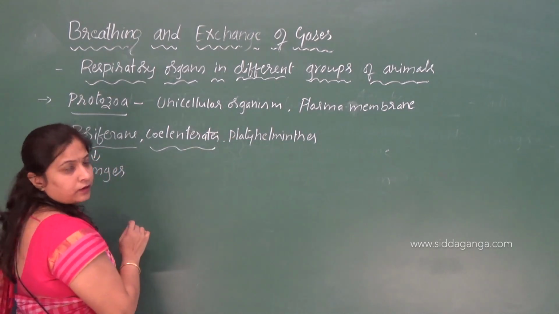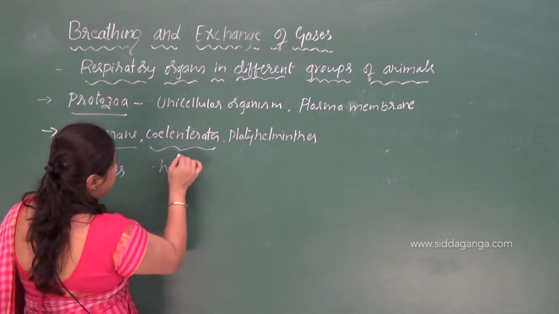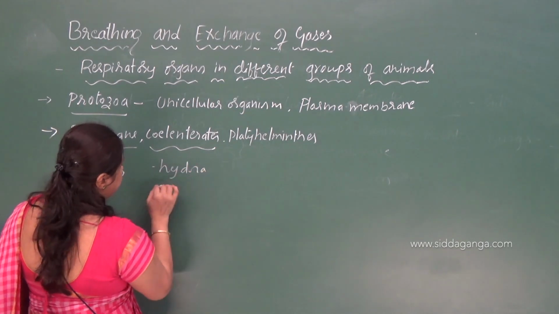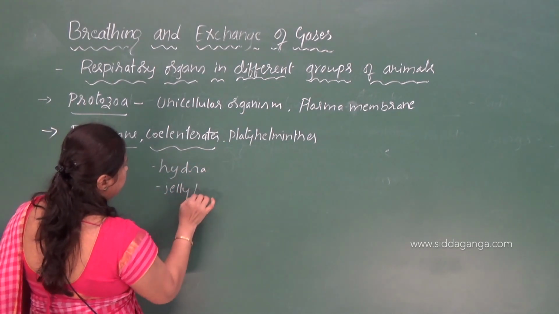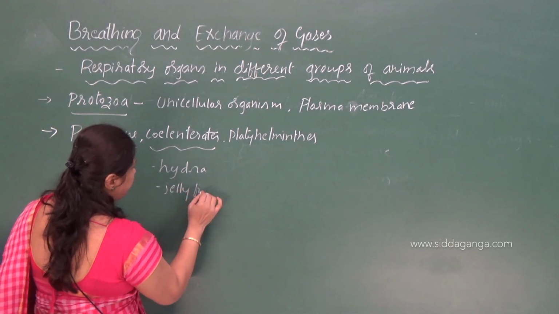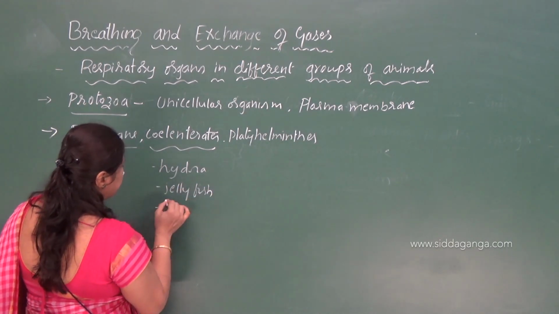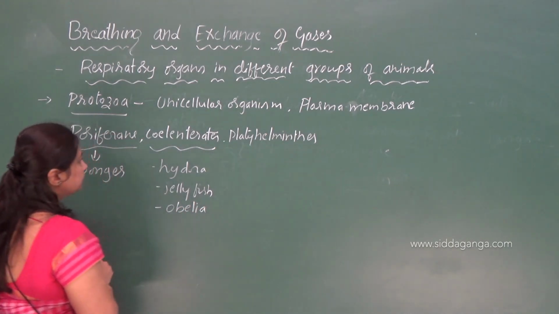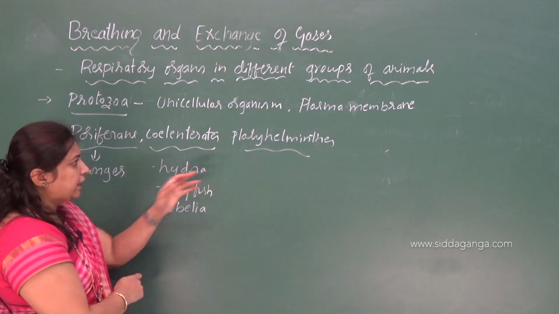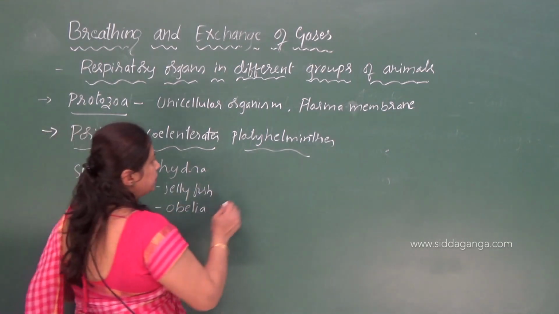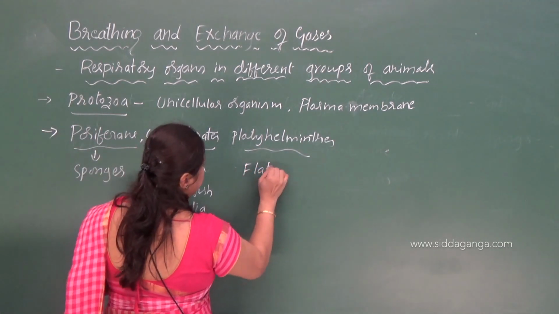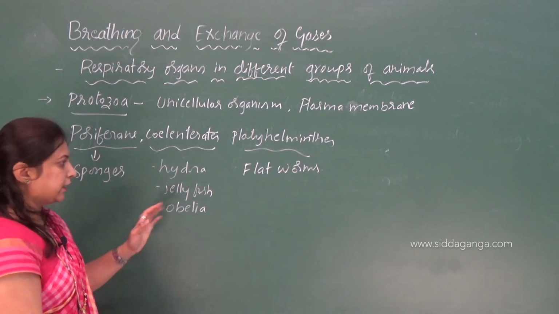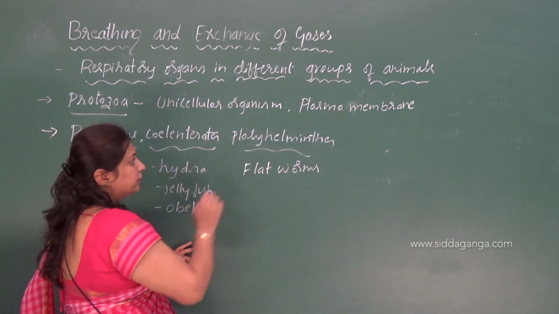Coelenterates, I already told the examples: hydra, jellyfish. So these are some examples for coelenterates: jellyfish, obelia. And then platyhelminthes. Platyhelminthes include flatworms, that is planaria. Okay.